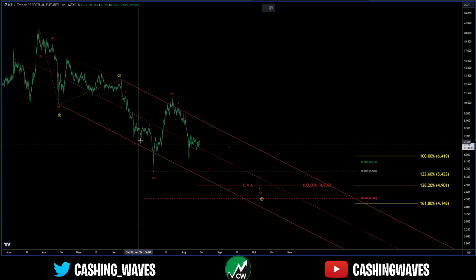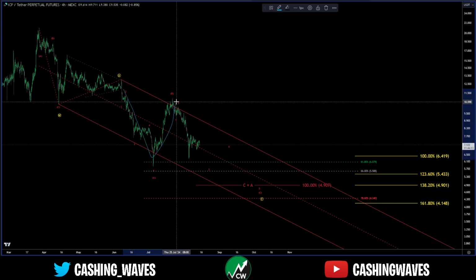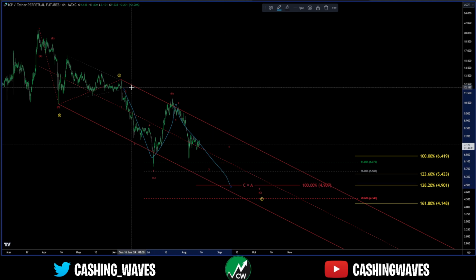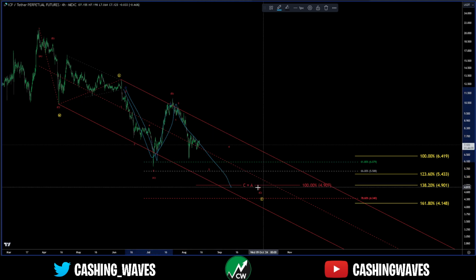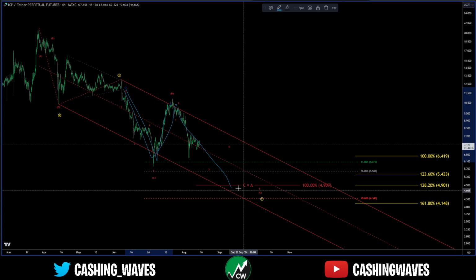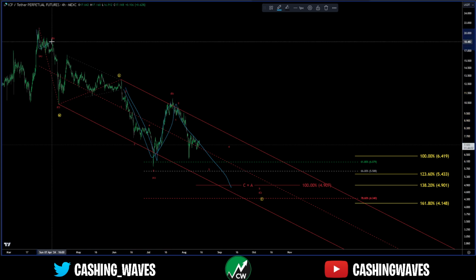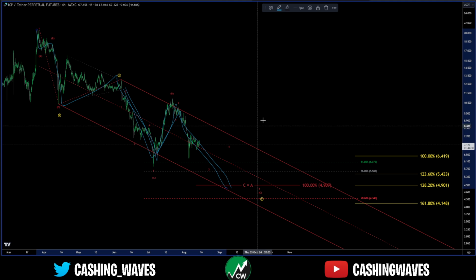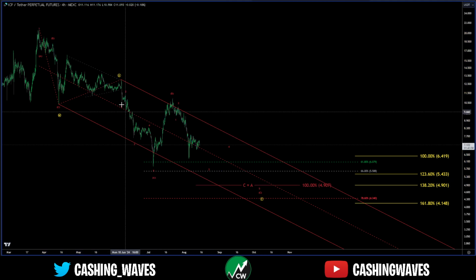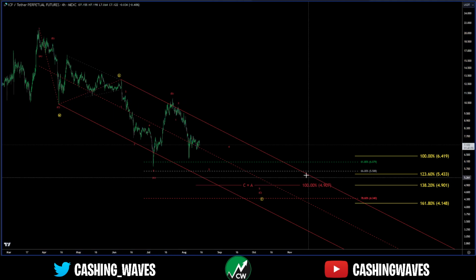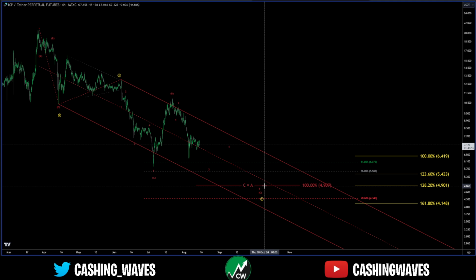If this is a 5-wave move as labeled, then we're looking for a C wave, a 1-to-1 extension of this A wave off the B to complete a Y wave. And this entire move becomes a double zigzag, ABCX, ABC. Now the 1-to-1 extension of the smaller A wave off the B wave is at $4.90.